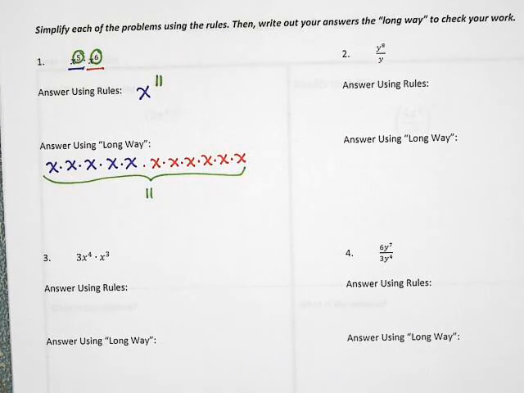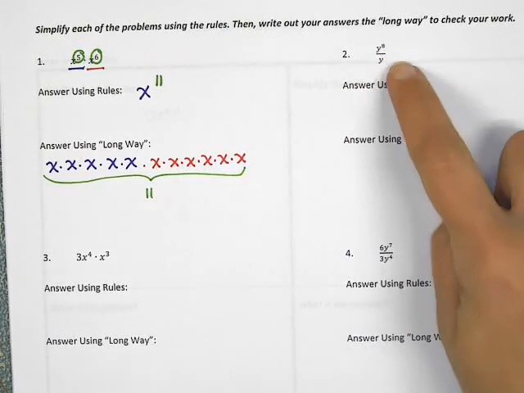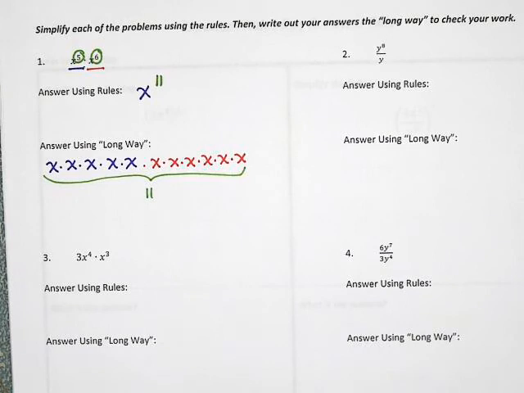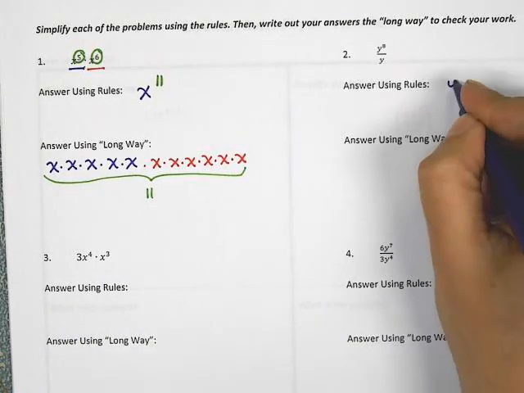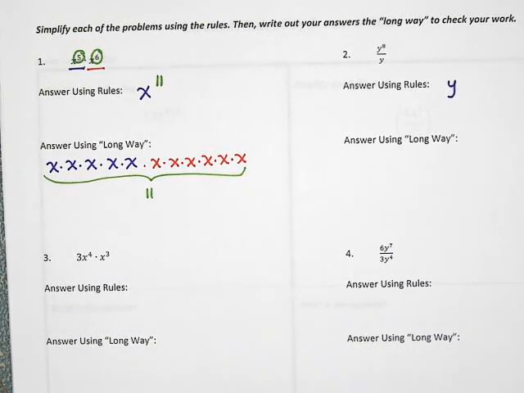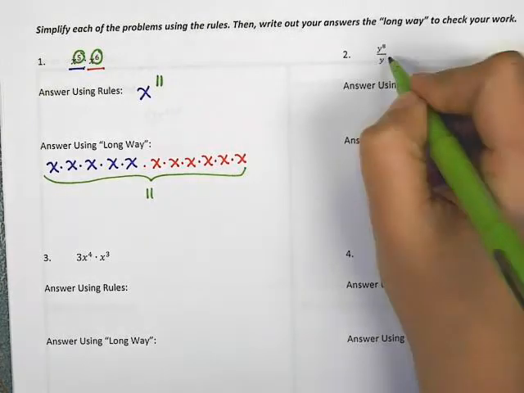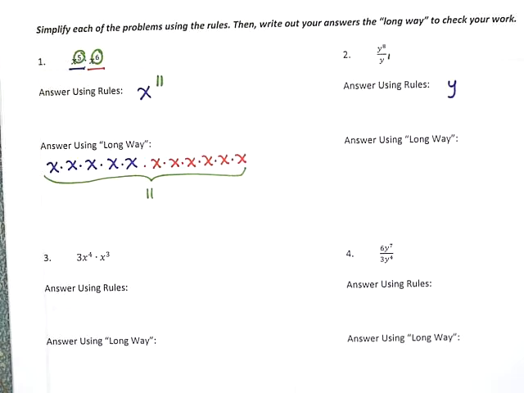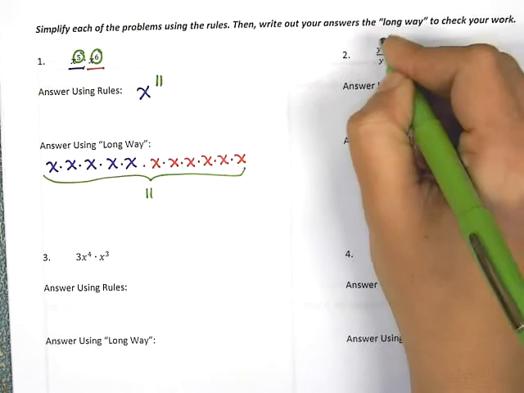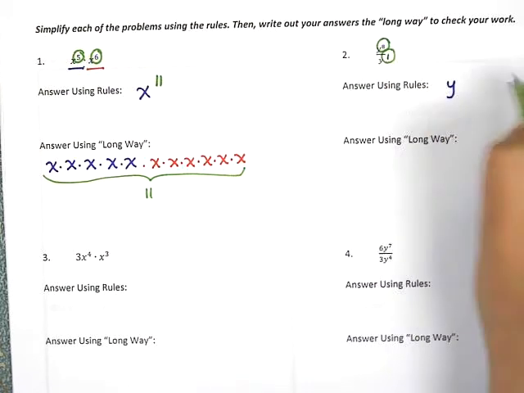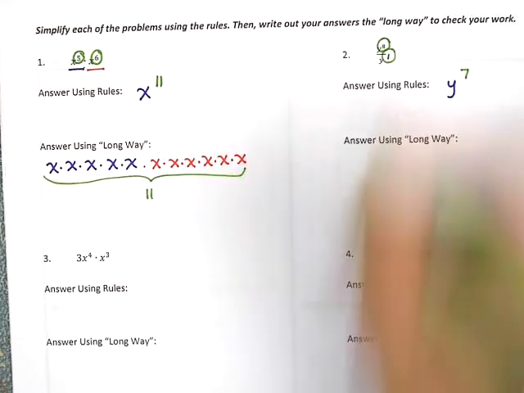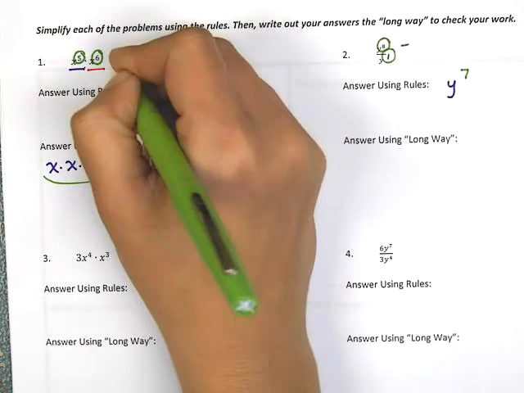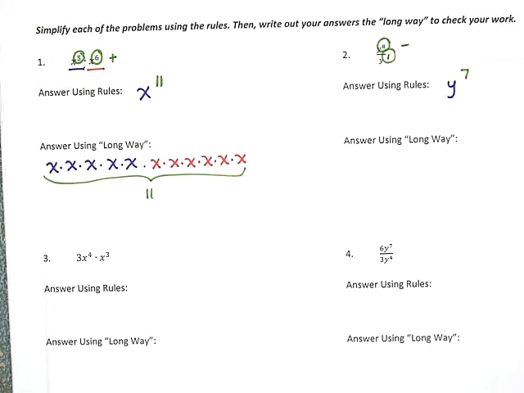One of the next rules that I know is that when I'm dividing and I have the same base, I subtract the exponents. So my base would still be y, and then I need to recognize that the invisible exponent by the bottom y is a 1, because if there's nothing there, it should be a 1. So I'm going to subtract. 8 minus 1 would give me 7. I would subtract these and I would add these. So we could write this out the long way.